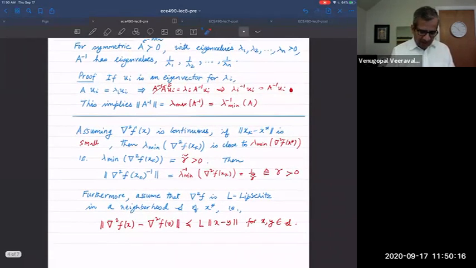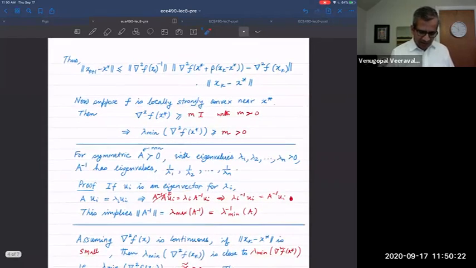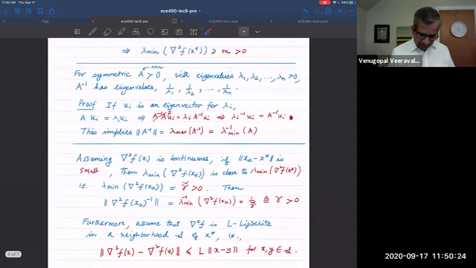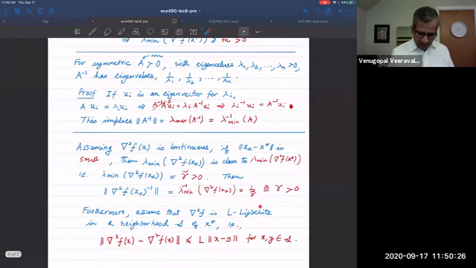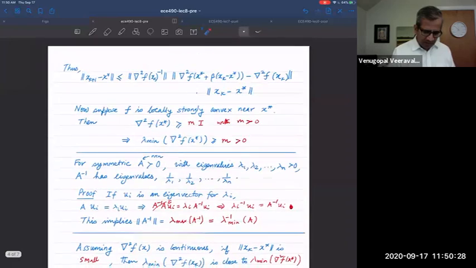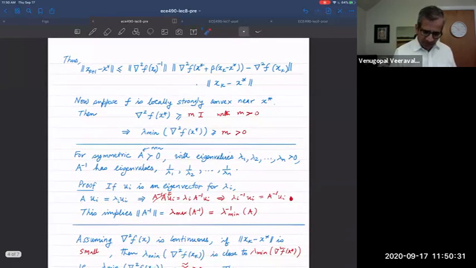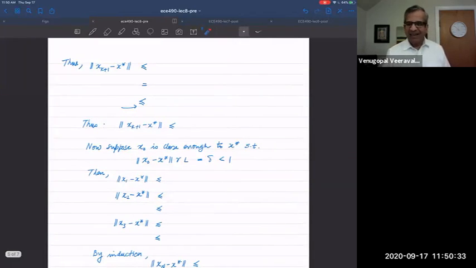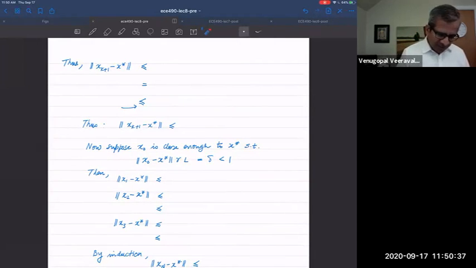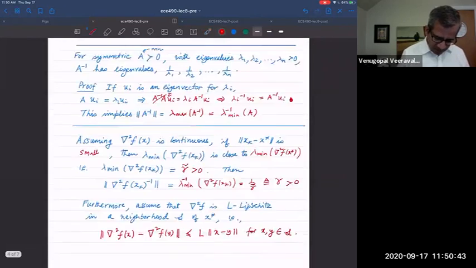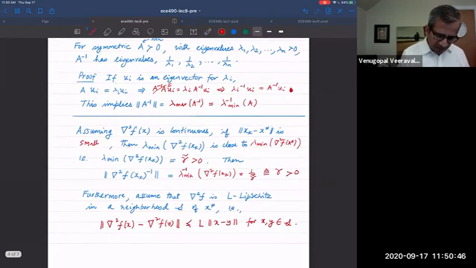Now let's apply this Lipschitz condition and this condition to get a bound on these quantities. From the bound on the first term, it's just gamma. That's for the bound on the inverse.